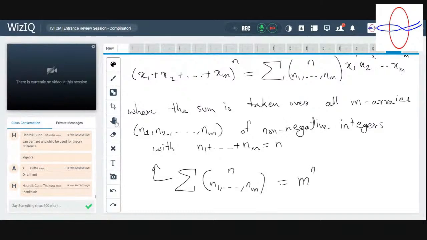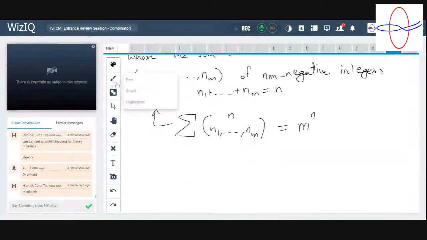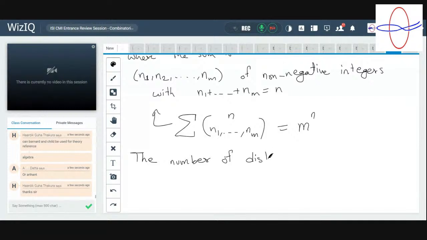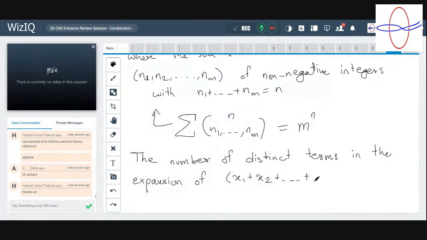And one more thing, the number of distinct terms, this is also sometimes asked, distinct terms in the expansion of (x1 plus x2 till xm) to the power n is this thing, n plus m minus 1 choose n.